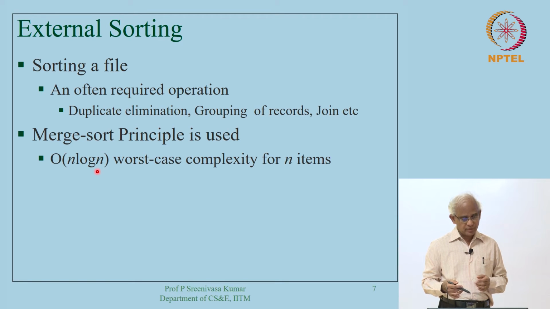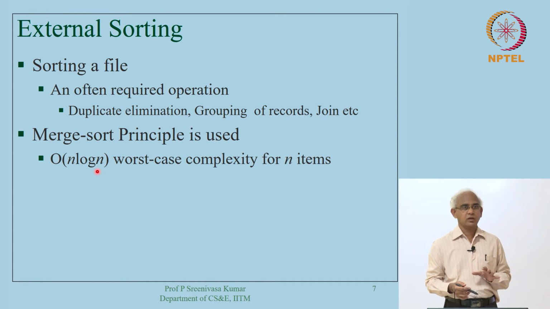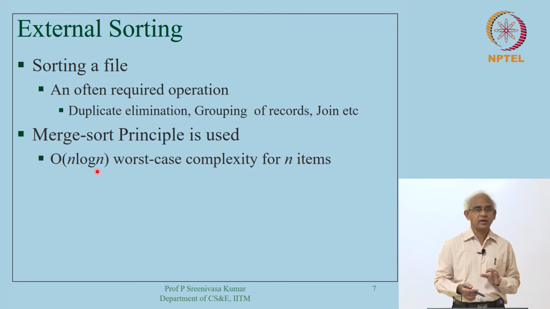So, the merge sort principle is used. Merge sort is familiar to you. It is an order n log n worst case complexity algorithm for sorting n items. We have discussed it in the data structures and algorithms course for in-memory sorting, right.